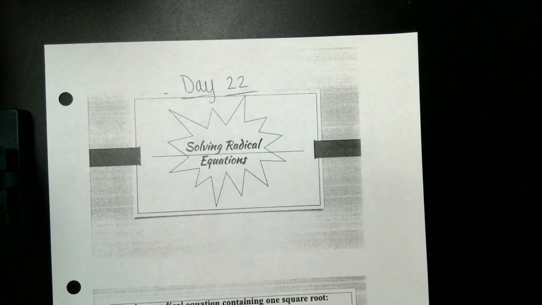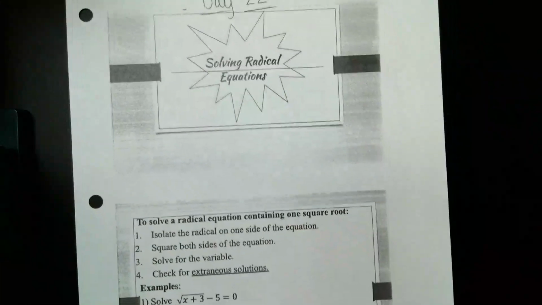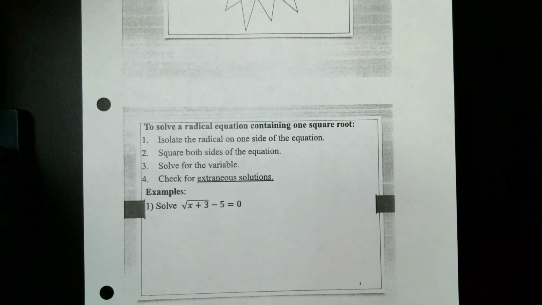Solve radical equations. These are going to be equations that have the radical symbol in them. The good news is they're all going to be square roots. If you think about what we've been doing on the previous equations from the first lesson, if the power was like to the 1/3, we raised it to the third power to cancel it out.